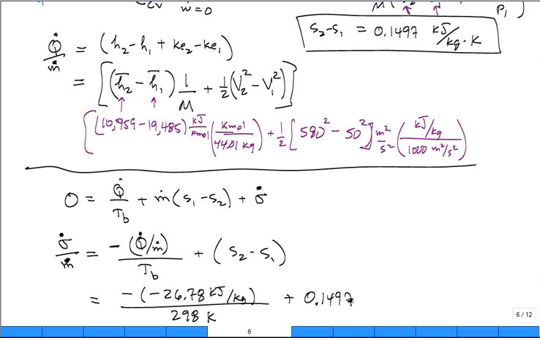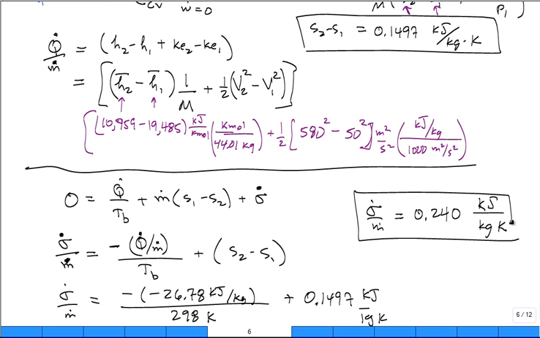Glad I have it to 4 digits. Kilojoules per kilogram Kelvin. And now we calculate sigma dot over M dot to be equal to 0.240 kilojoules per kilogram Kelvin. You like that? You see how we did that?